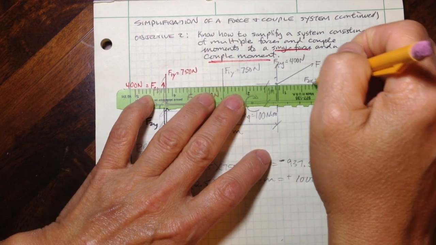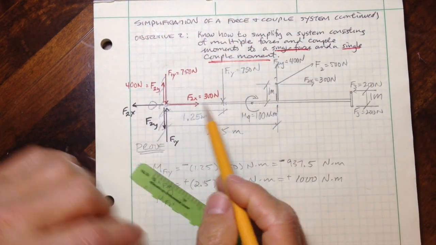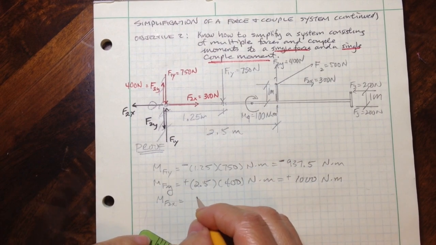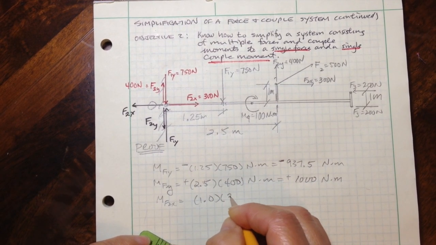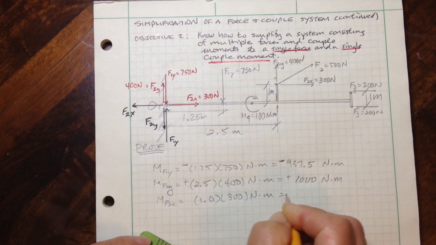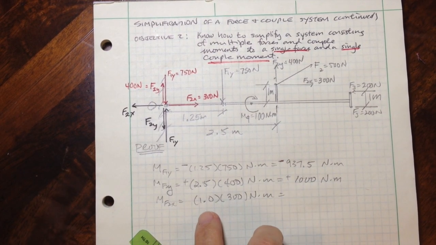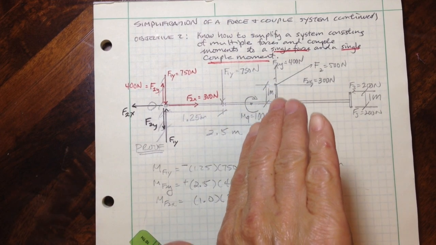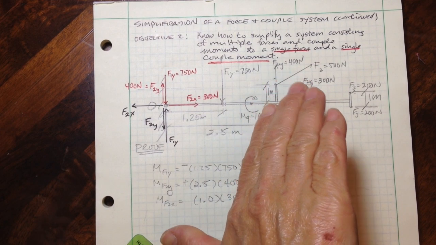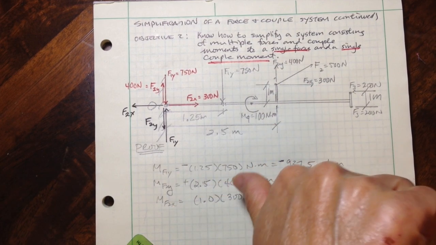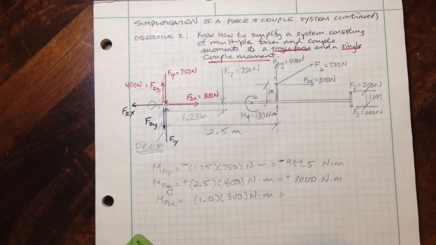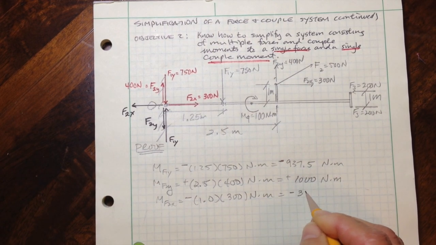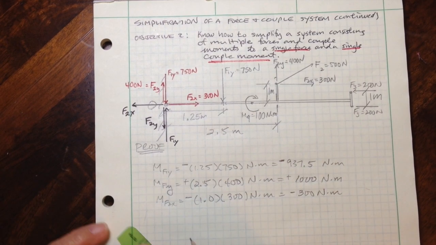I can draw a line of action of F2x, and we know that's 1 meter. That would be the moment arm. So that would be 1.0 times 300 Newton meters. To find out whether that's a positive or negative value, I take the moment arm, 1 meter, direct my fingers on it, sweep it in the direction of that 300 Newton force. Couple moment goes into the page, so therefore that would be a negative 300 Newton meters.